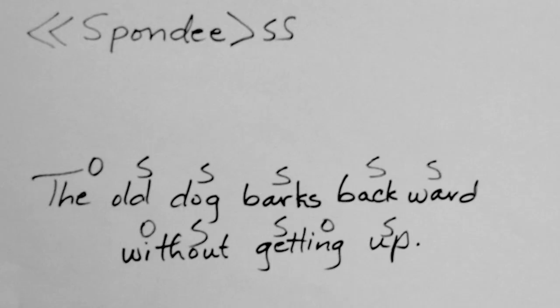The rest of the line, the only other weak stress is the. Old dog and barks are all single syllable words of meaning that get a strong stress. And the line slows down because of that spondaic character. So it doesn't have any particular length measurement, but it's a spondee because it's mostly strong stresses.